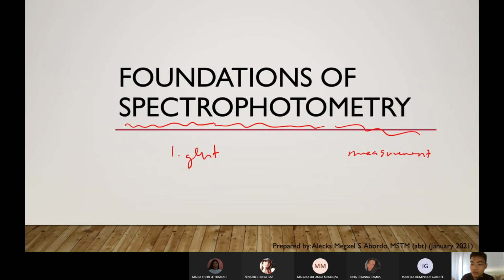Okay? And there's lots of application of this in all the fields of sciences. In biology, this is used to determine the chlorophyll content of a plant, no? In chemistry, gamit namin yan sa kahit anong bagay, no? Pero for medical technology, what I am aware of is yun nga, pag ginagamit 'to sa urinalysis na. Napanood ko 'yun sa YouTube, eh.